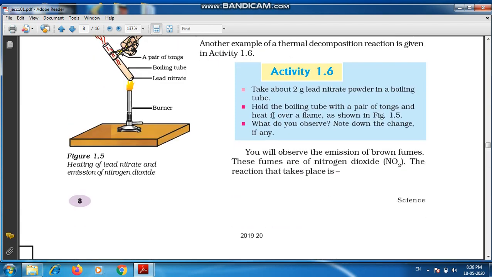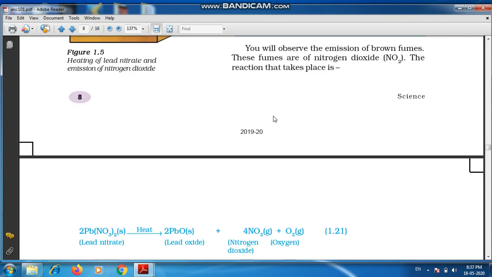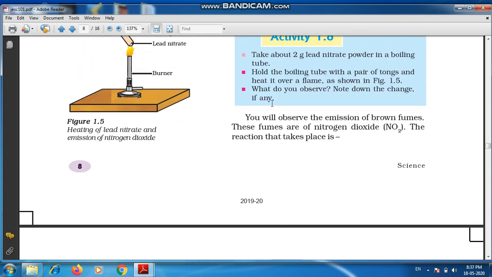There is another reaction, Activity 1.6, which is about lead nitrate powder in a boiling tube. When it is heated, we will observe the emission of brown fumes. Please note these are some of the objectives discussed over here.